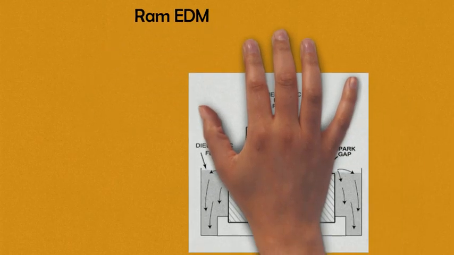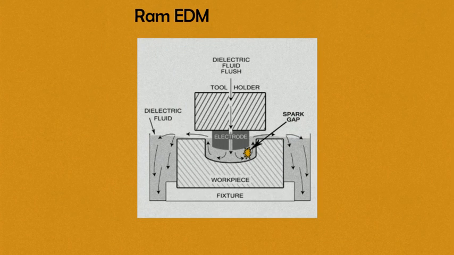Now let's look at two different types of EDM systems. One of them is the RAM EDM. In RAM EDM, the workpiece mounts inside a tank and is covered with a dielectric fluid. An electrode then lowers to within a few thousandths of an inch of the workpiece to begin EDMing. RAM type EDMs have the ability to produce complex cavities out of solid piece of metal.